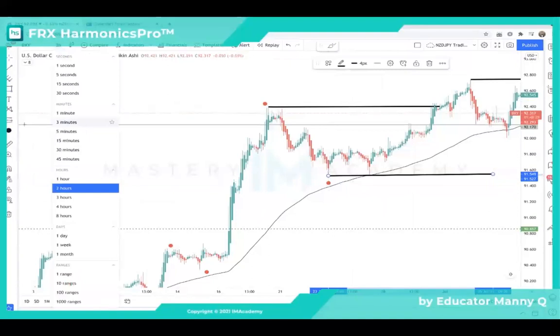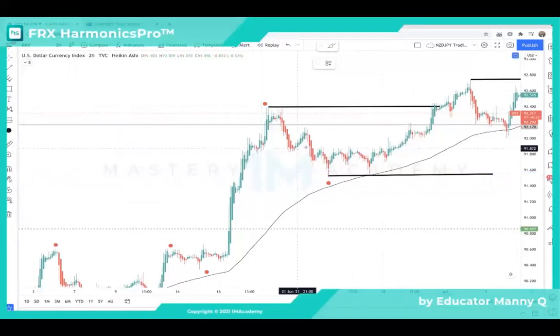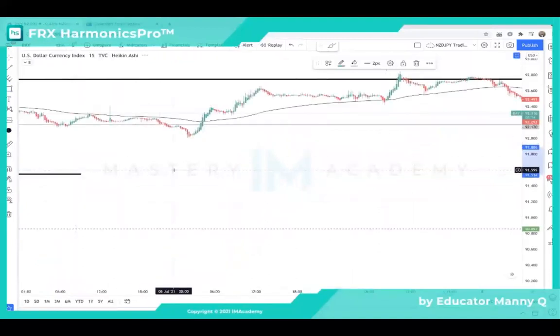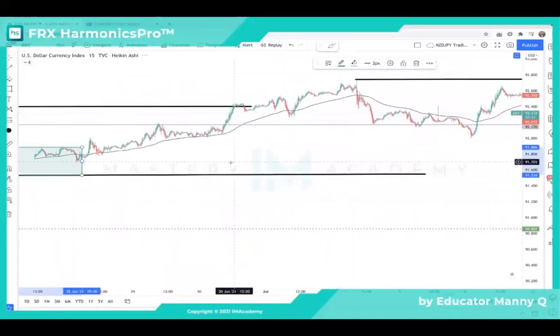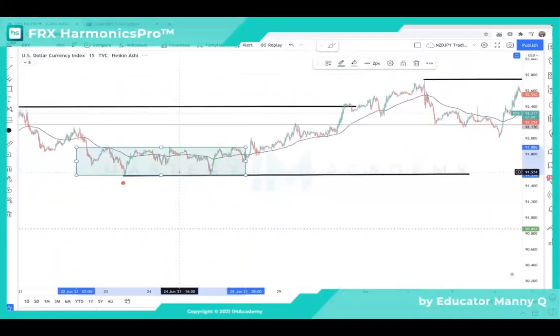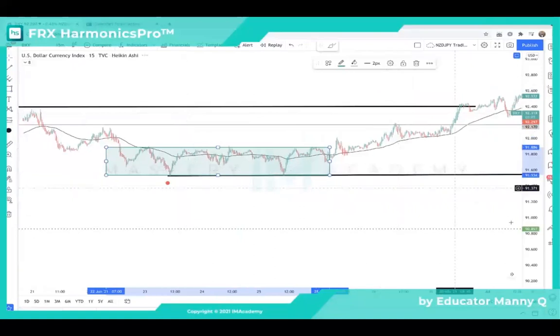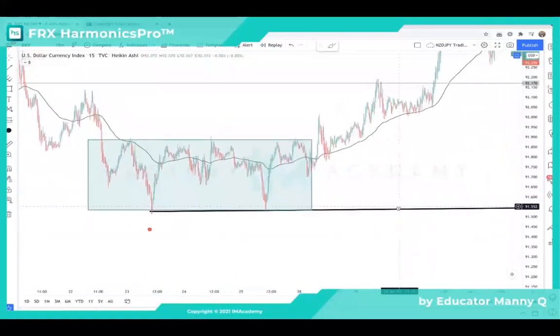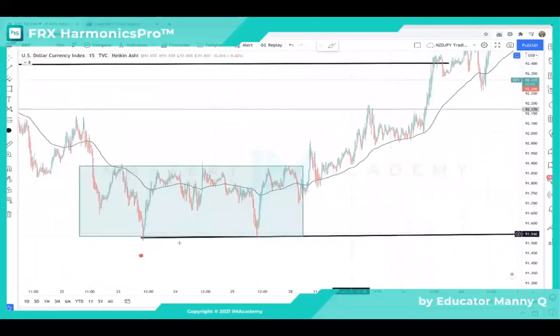So let's highlight this consolidation zone right over here. And then let's go all the way down to the 15-minute. And let's revisit that area. Now, revisiting this area, look at how the market, again, created that low point.